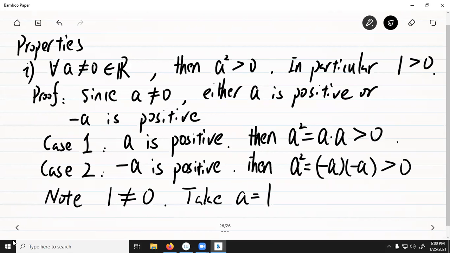Then 1 is equal to 1 times 1, which is greater than 0. Replacing A with 1 in the first case, we get 1 is greater than 0. So we finish the proof.